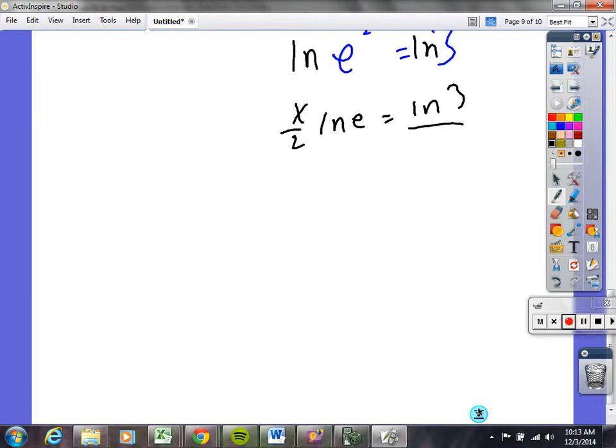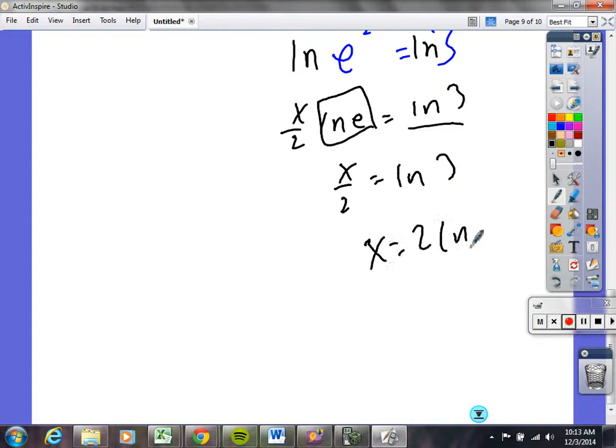Notice ln of e is just 1. So that's why I'm at x over 2 equals ln of 3. x equals 2 ln of 3. Okay, it's actually pretty simple, right?